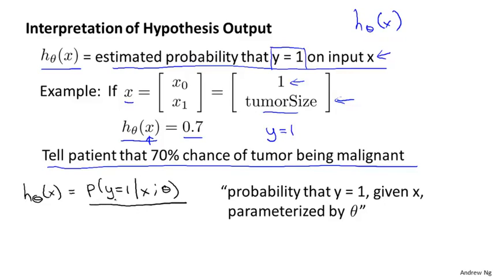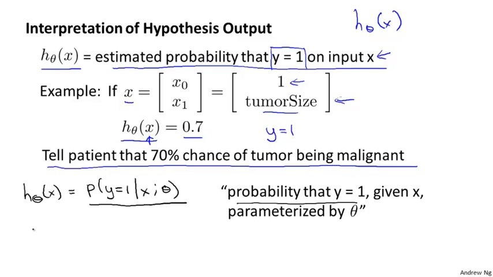This is the probability that y is equal to 1 given x, so given that my patient has features x, or given my patient has a particular tumor size represented by my features x, and this probability is parameterized by theta. So I'm basically going to count on my hypothesis to give me estimates of the probability that y is equal to 1.